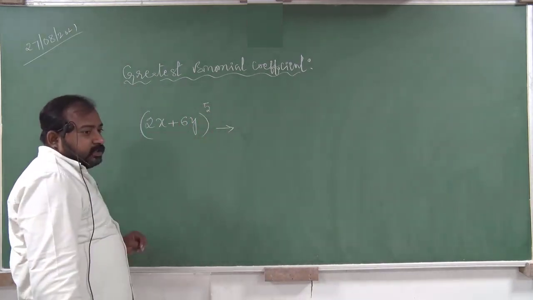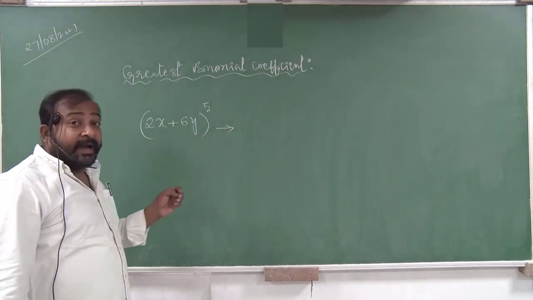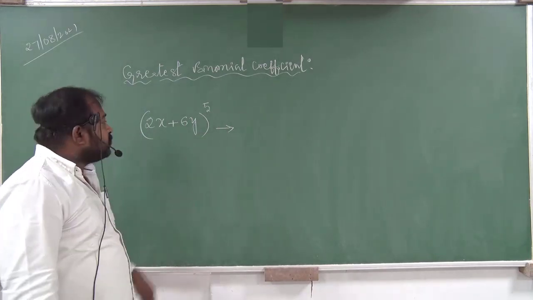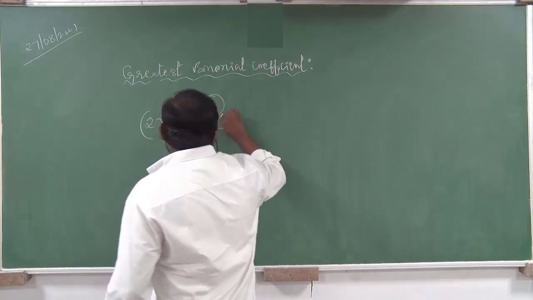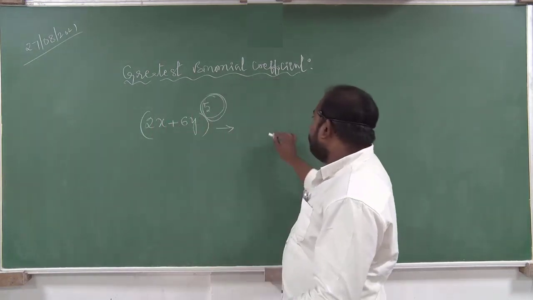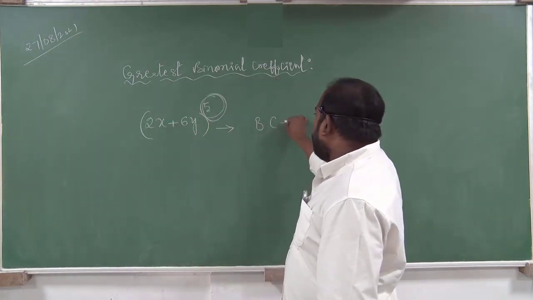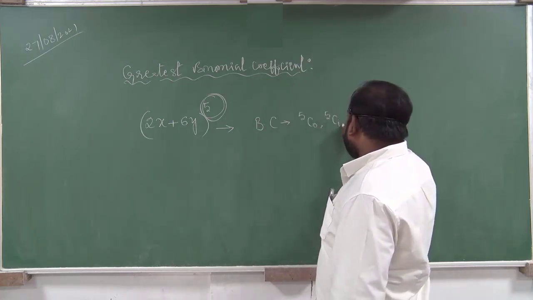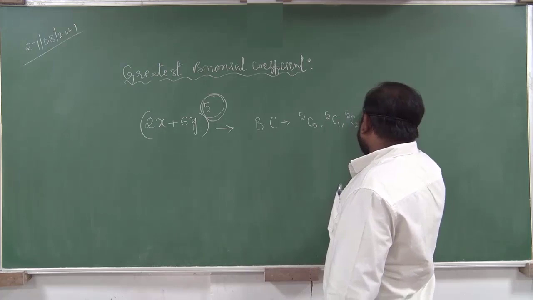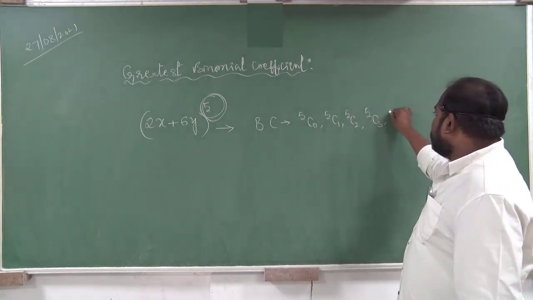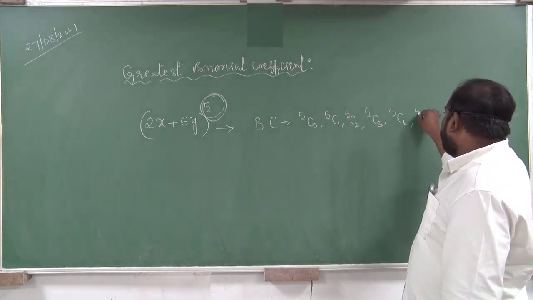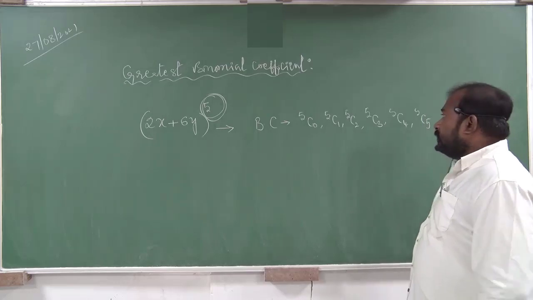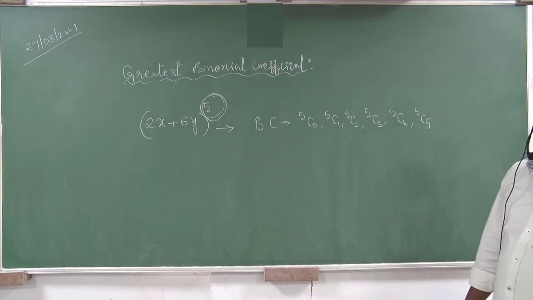In this expansion, what are the binomial coefficients? Power 5 is there, so the binomial coefficients are given by 5C0, 5C1, 5C2, 5C3, 5C4, 5C5.